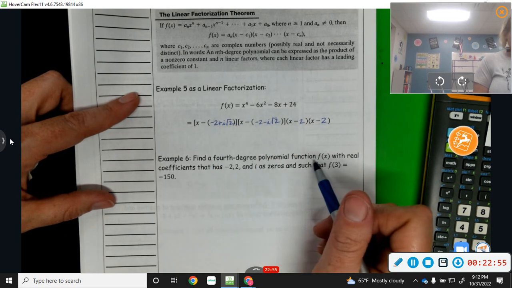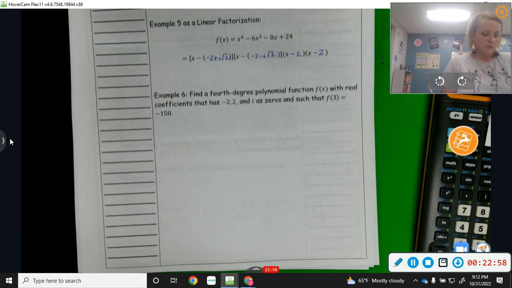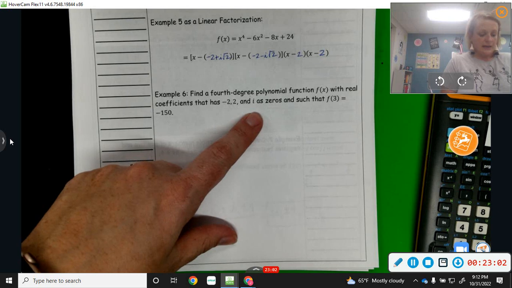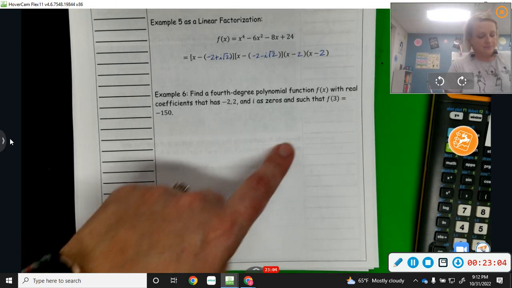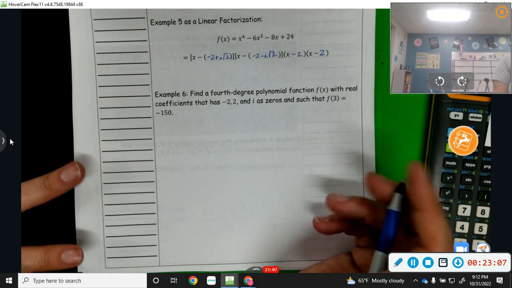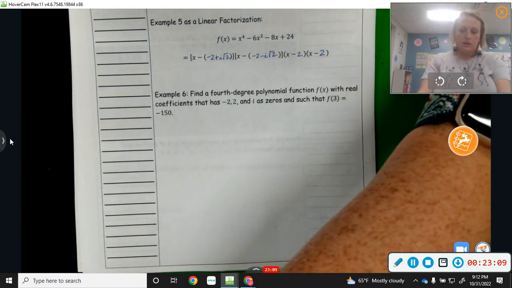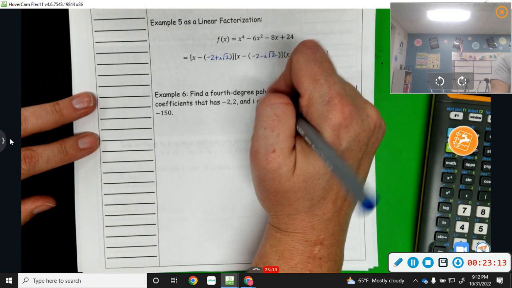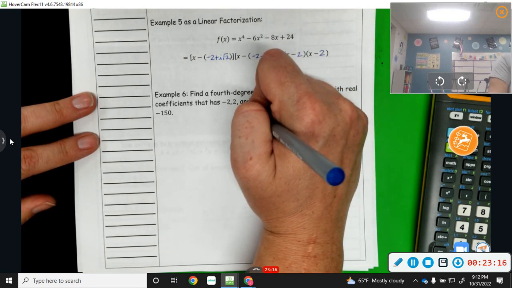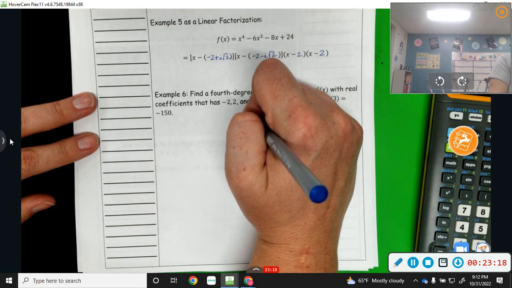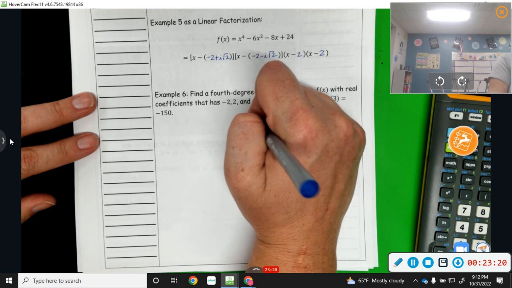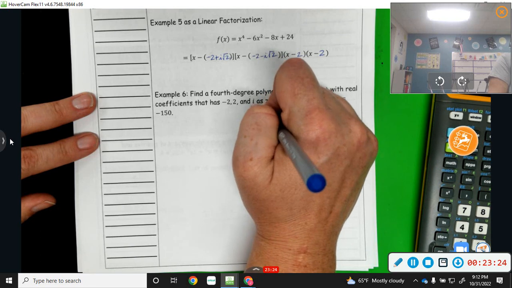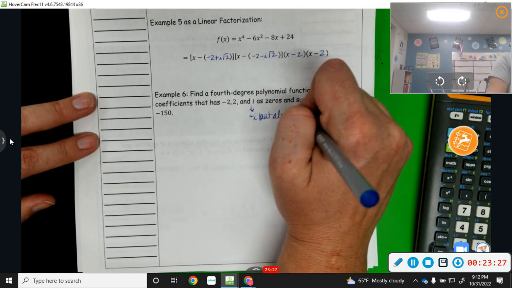So it says find a 4th degree polynomial function f of x with real coefficients that has negative 2, 2, and i as zeros, such that f of 3 equals negative 150. Okay, so here, in this one, we know that this one has roots that occur at plus i, it's also going to be negative i.